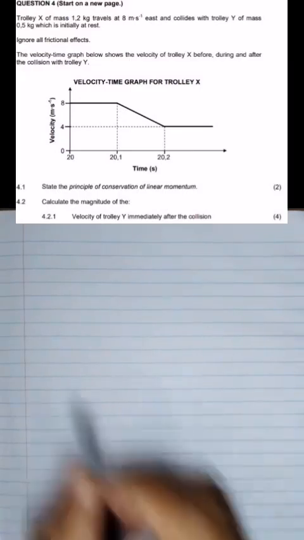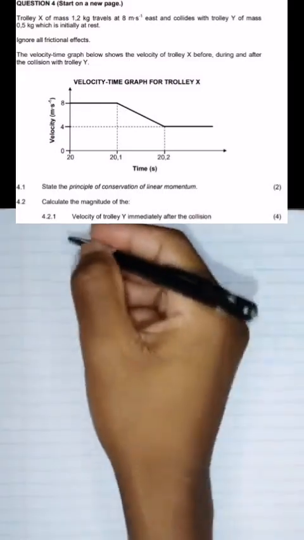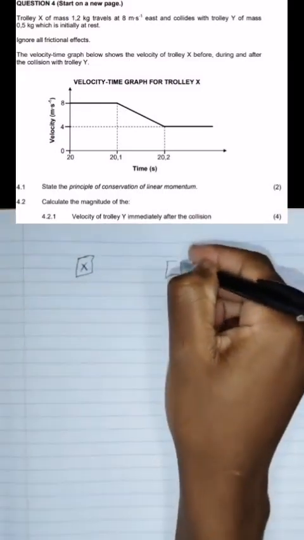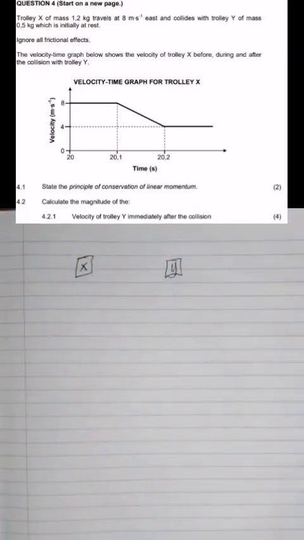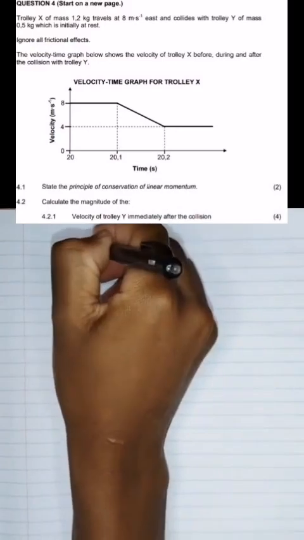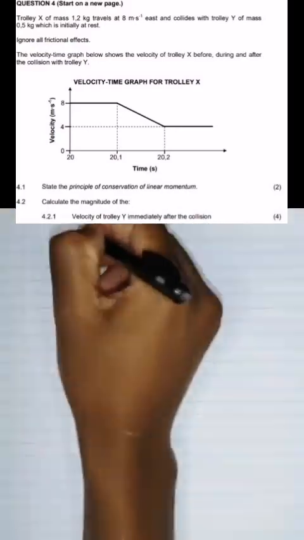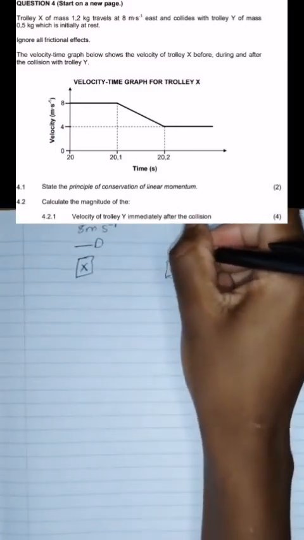Now we move to 4.2.1. What does 4.2.1 require? They want the velocity of trolley Y immediately after the collision. They don't want the velocity before the collision; you're looking for the velocity after the collision. So let's say this is trolley X and this is trolley Y. Trolley X is moving east at 8 meters per second, as they said in the statement, and collides with trolley Y, which is 0.5 kilograms.